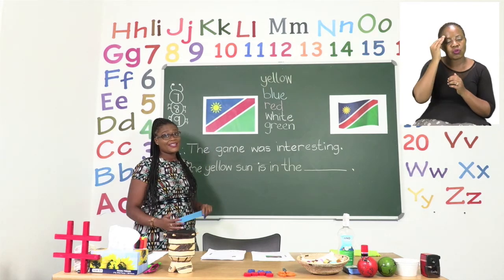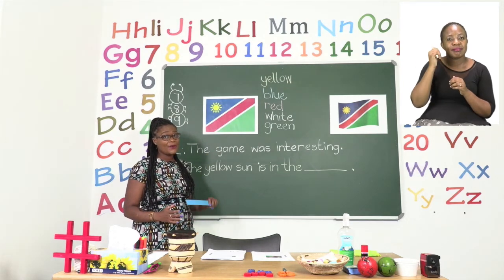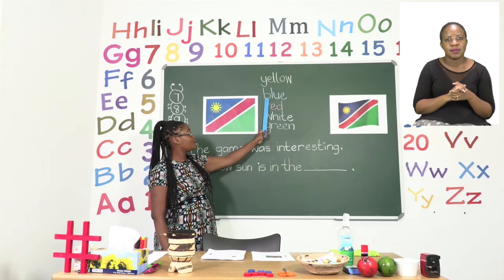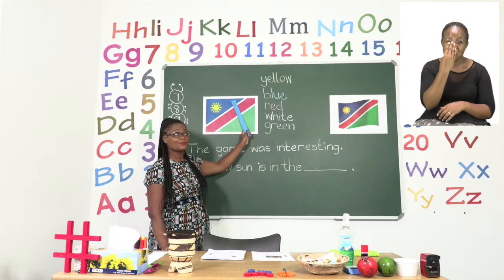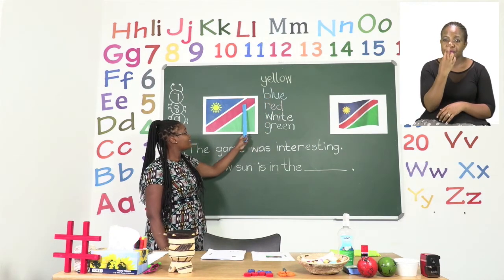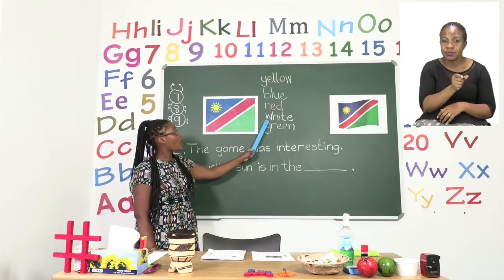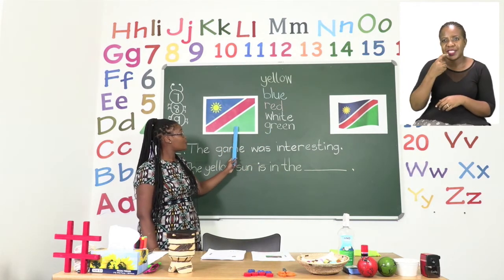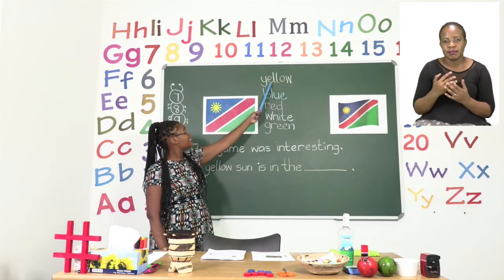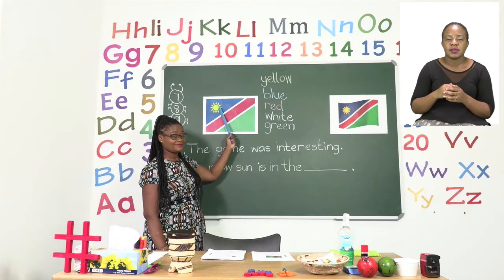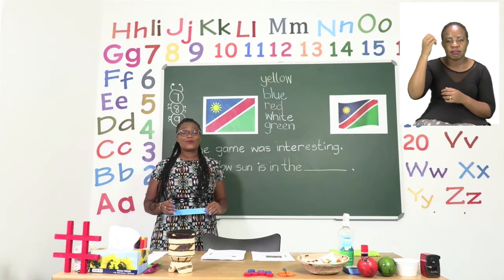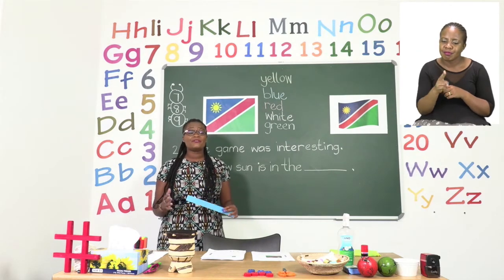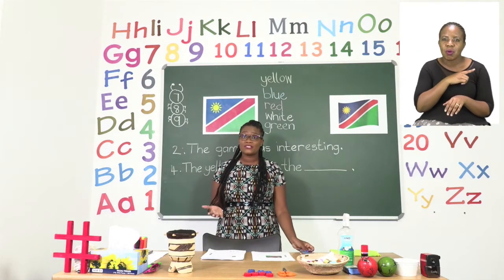So let's take a look again. We have blue at the top, red in the middle, the white two stripes, the green at the bottom, and then the yellow sun.